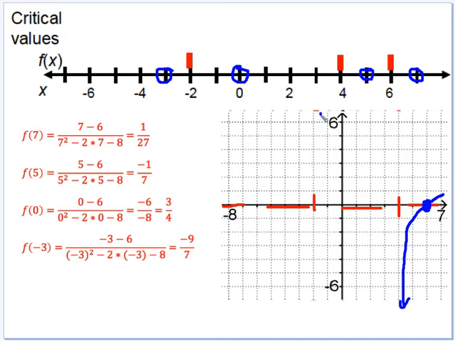I don't know exactly where my graph is going to be, but I know it should be a parabola, something like that, because I'm going to be in between these two asymptotes. And then in the last section, I'm below the horizontal asymptote again, and so I'm going to probably be something like this, okay? Now realize I don't know exactly where the graph is, but I know the basic picture, okay?